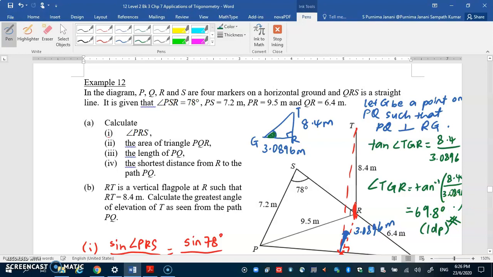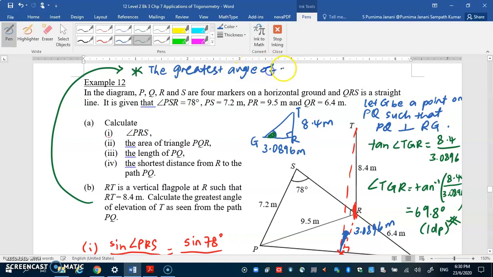So write down somewhere in your notes, this is the concept that I need you to know. For part B, the greatest angle of elevation occurs at G. Basically just write down RG is the shortest distance.